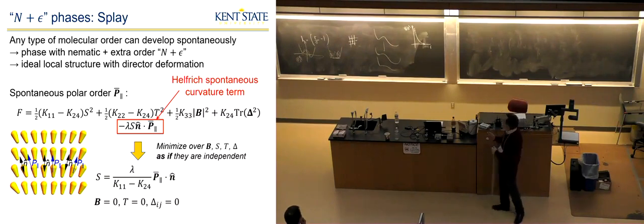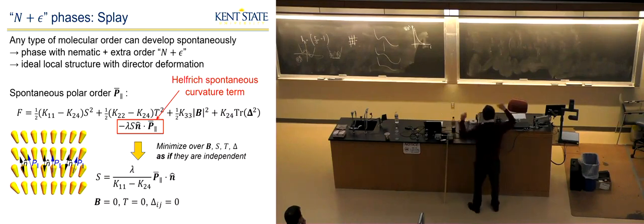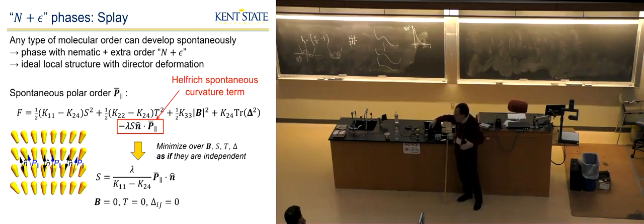That is, if you have a difference in populations between molecules pointing up and molecules pointing down, that difference induces a splay, right, of the director going outwards, and that's like inducing a mean curvature, right?